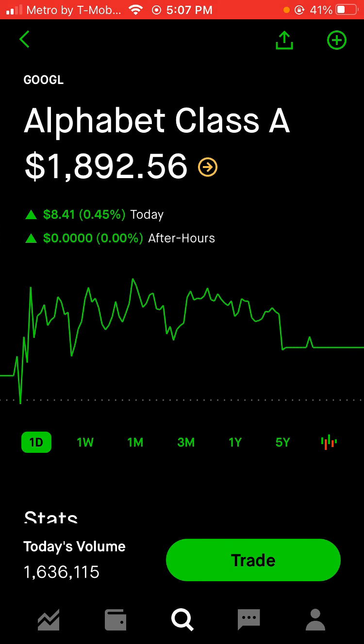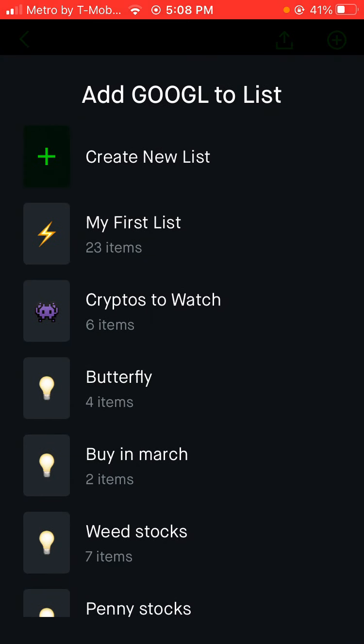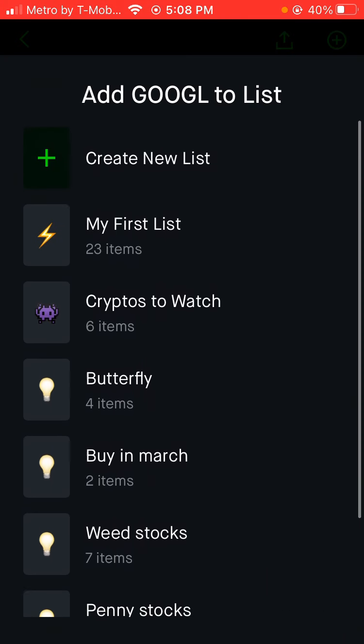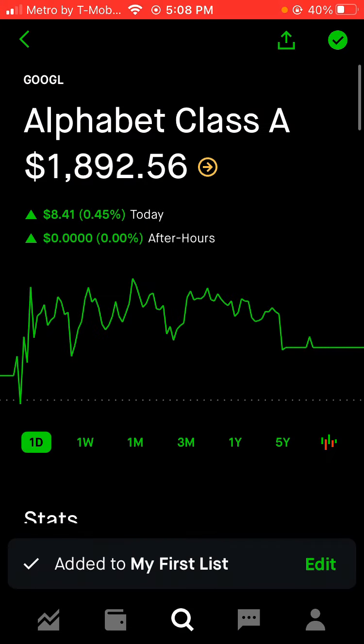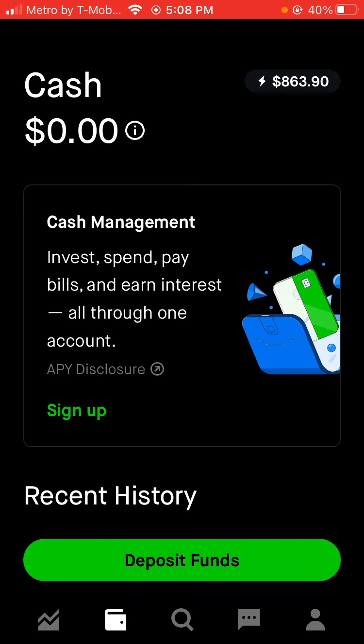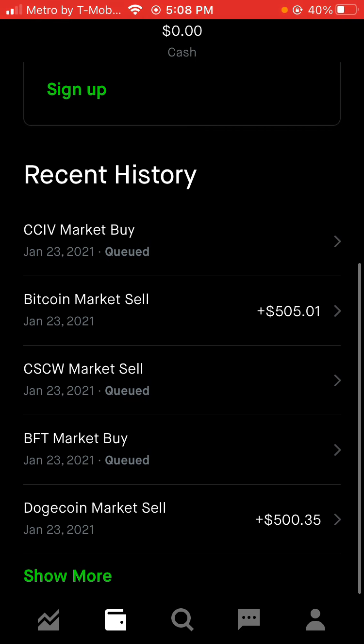So we'll show you an example. At the very top of the right, there's a plus button. I can add this to my list. Where do I want to put it? My weed stocks, my penny stocks. I'll put it in my first one. Now it's added to my list. And this shows you the money you added.